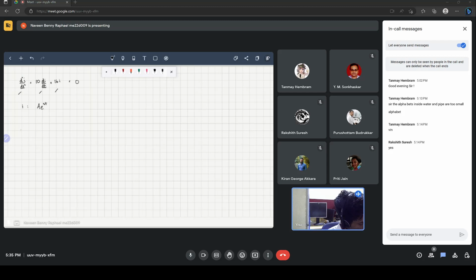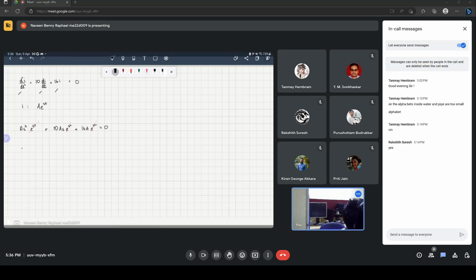So this equation will become A s square e to the power st plus 10A s e to the power st plus 16A e to the power st is equal to 0. Since it's known that e to the power st is never 0, we now have a quadratic equation to solve. A s square plus 10As plus 16A, the A's also cancel, is equal to 0.